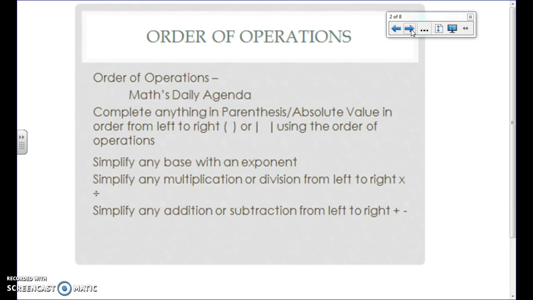The third thing you take care of is simplifying anything with multiplication or division from left to right. It doesn't matter whether the division or the multiplication comes first. Whatever it is that you see first from left to right is what you do first, and then addition and subtraction from left to right. Okay? Or subtraction and addition, whatever comes first. Okay? Whatever you see first, whether it is a multiplication or division from left to right, that happens first.